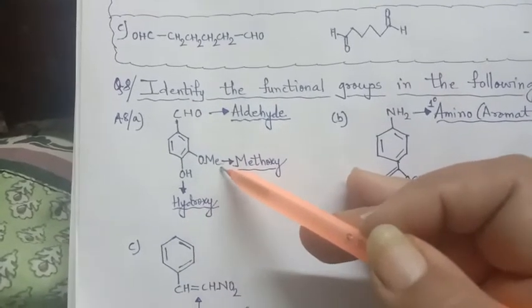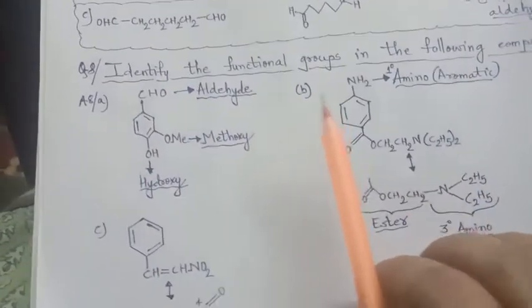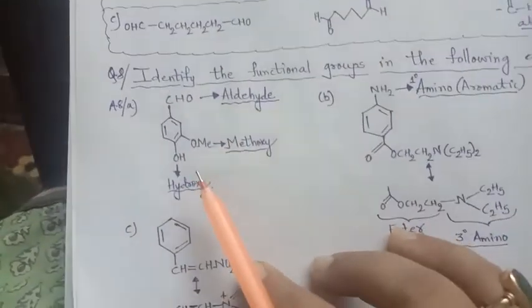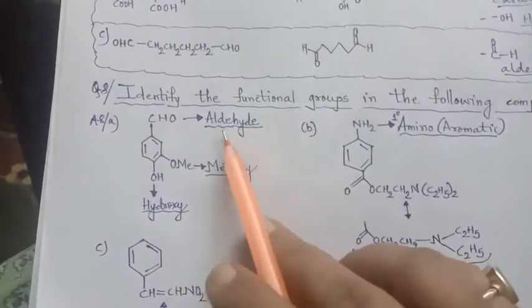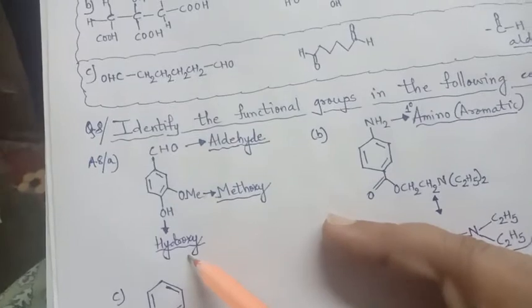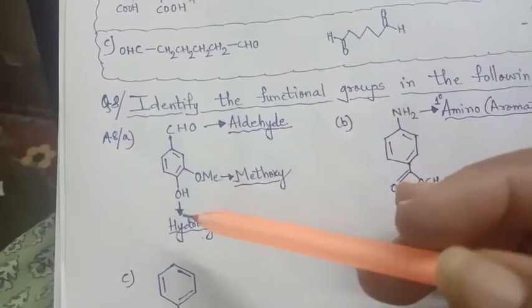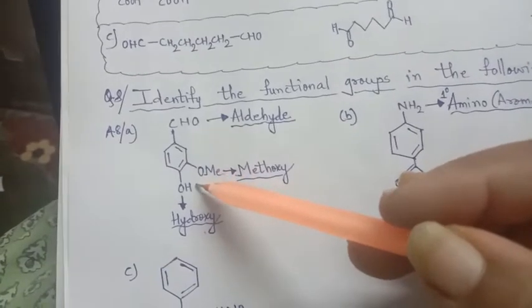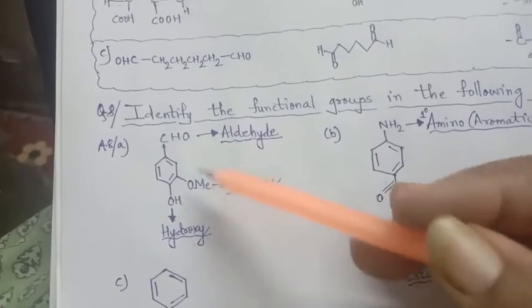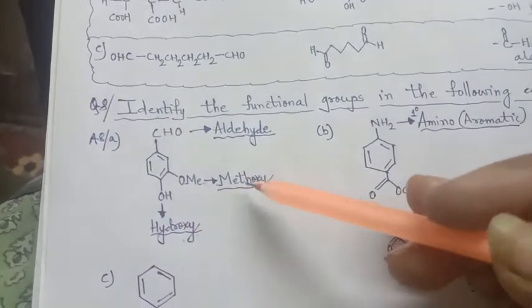O, and along with it is an R alkyl group, which is Me, stands for methyl, and OH, that is the alcohol group, right? So we are supposed to identify the functional group. This is the aldehyde group, this is the hydroxy group, because aldehyde will be considered as the main functional group, so this will be the substituent, so hydroxy. If aldehyde wasn't there, then it would be an alcohol group, and here it is the methoxy group.